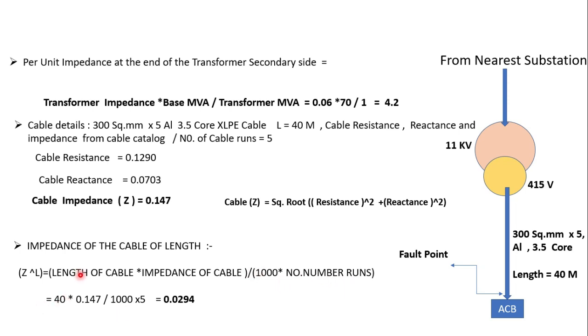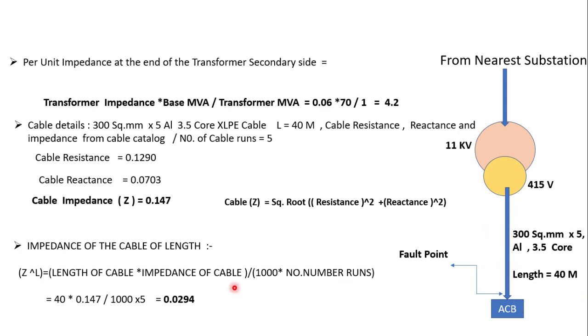So 40 into 0.147 divided by 1000 into 5. If we calculate this overall, it will become 0.0294. So this much impedance ohm value will come for the 40 meter length of the cable.